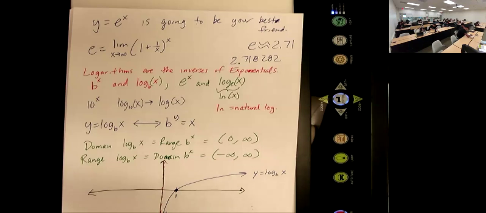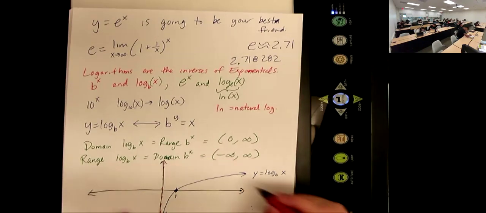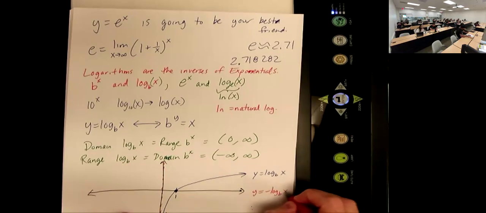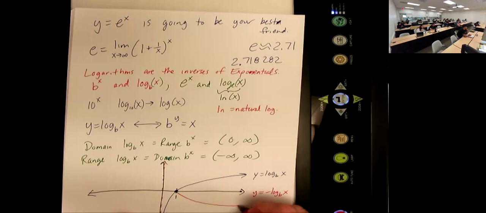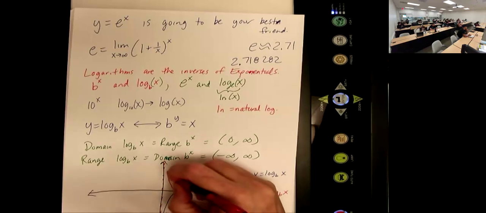If we do y equals negative log base b of x, this is taking all the values and making them negative, which flips this graph upside down.